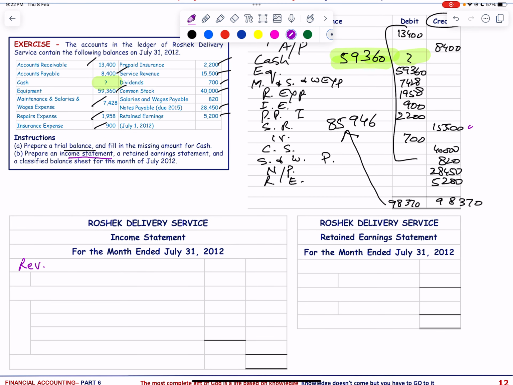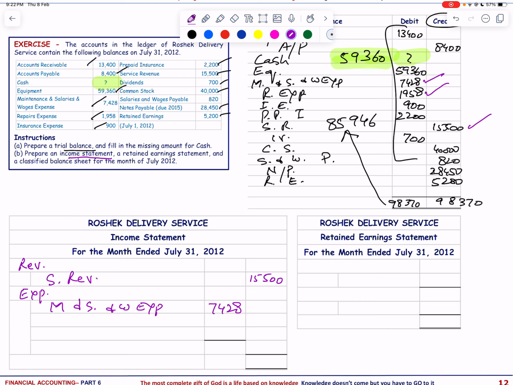We have the service revenue of 15,500. And then we will be having expenses, and we have the maintenance and salaries and wages expense of 7428.